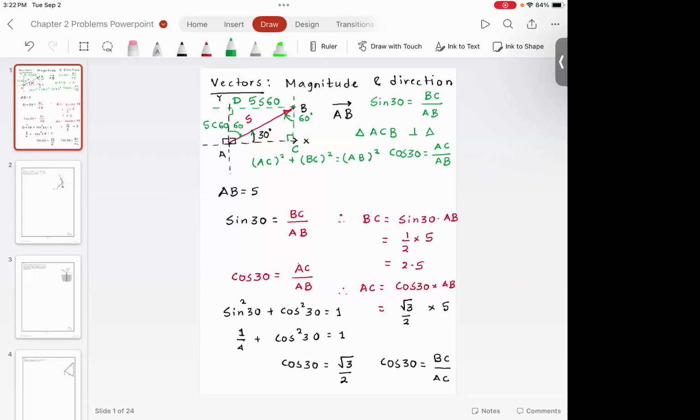Everyone understood this? Some of you may say that is not the only way. What I could do is I can go from A to D, and then I can go from D to B. So in order to go from point A to point B, I have three options.